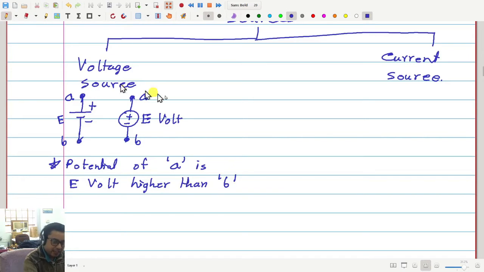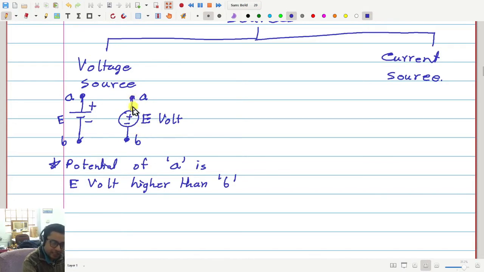In any circuit, if you use this source, it is guaranteed that node A will be at higher potential than B, and the potential difference is given by E volt. That is the value of the source.